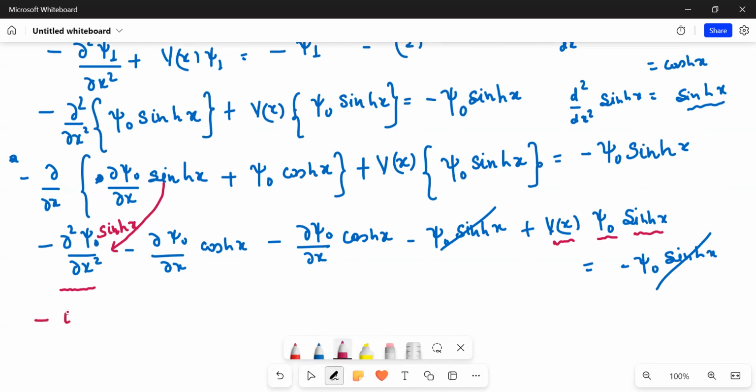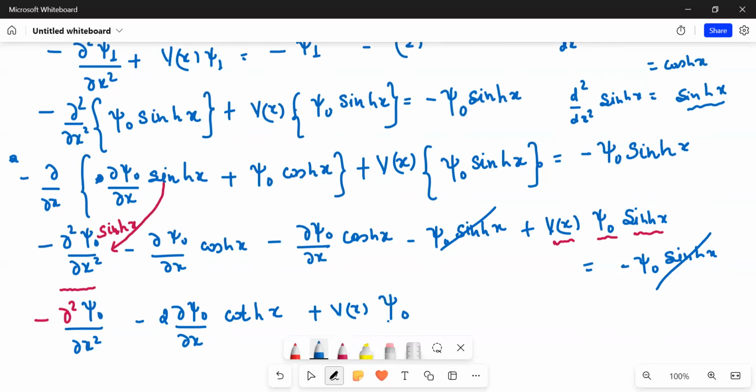I will simply get minus del square psi naught upon del x square minus 2 times del psi naught upon del x cot hyperbolic x plus Vx psi naught is simply equal to 0.